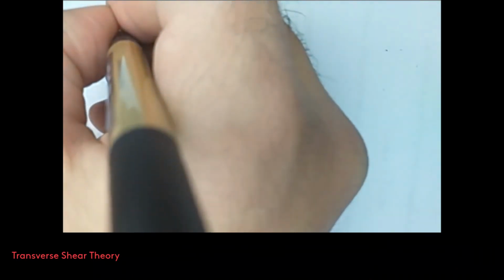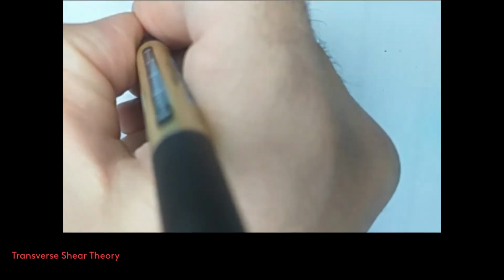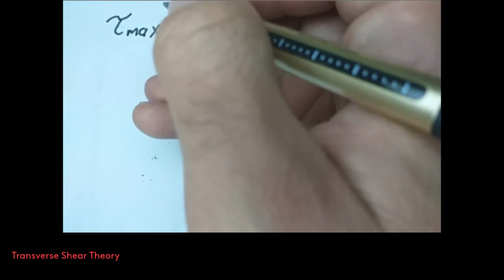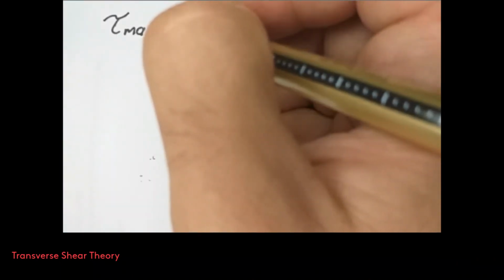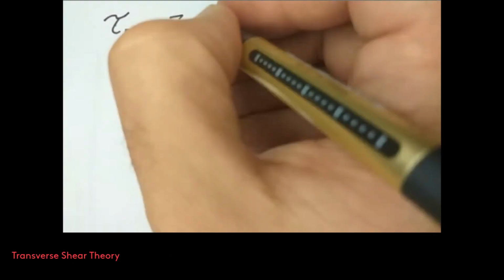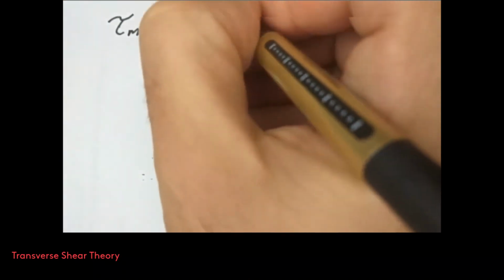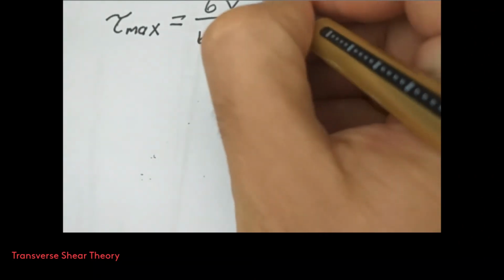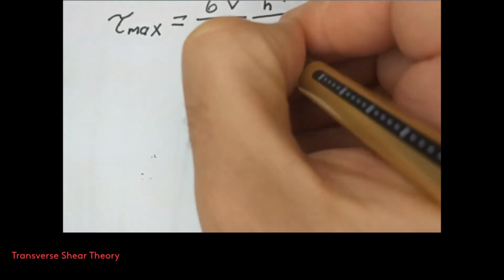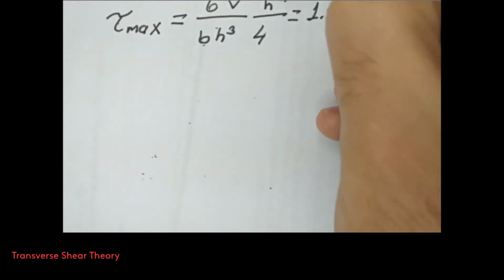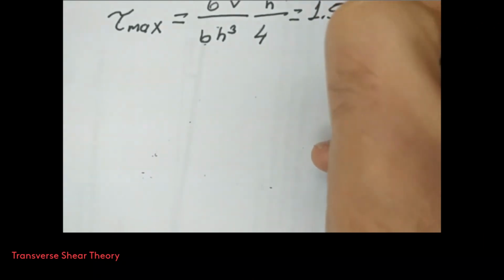So maximum shear stress is equal to 6V over B h cube, multiplied by h square divided by 4, and this is equal to 1.5 multiplied by V divided by B multiplied by h.